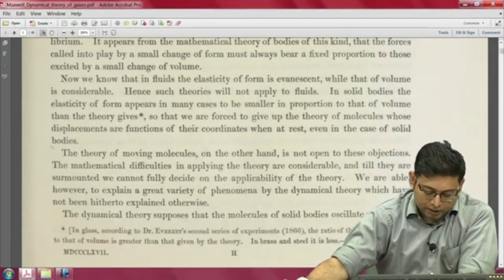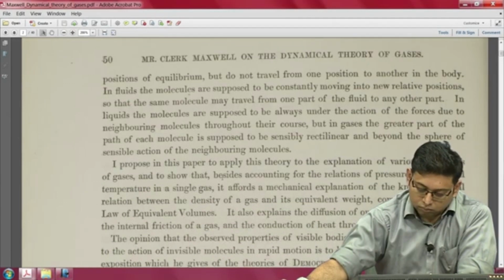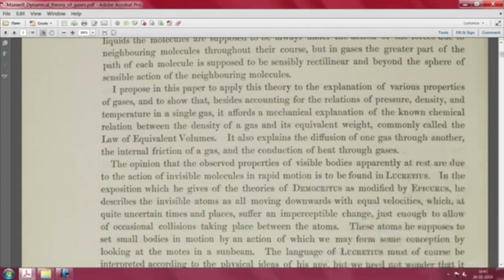There is even a section where he goes into the ideas, some of which I had referred to in one of the earlier classes, that the opinion of the observed properties of visible bodies apparently at rest are due to the action of invisible molecules in rapid motion is to be found in Lucretus. So, he is referring to the Roman and the Greek literature on the idea that matter is composed of small indivisible parts.